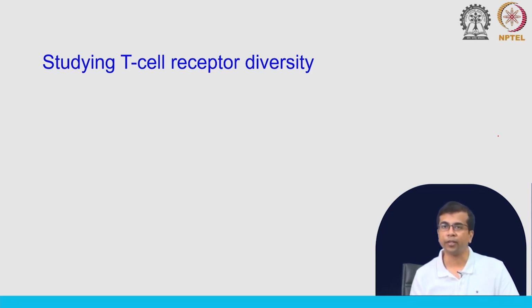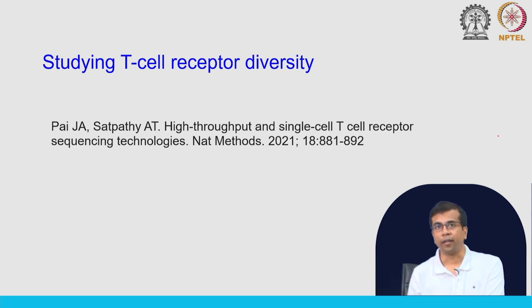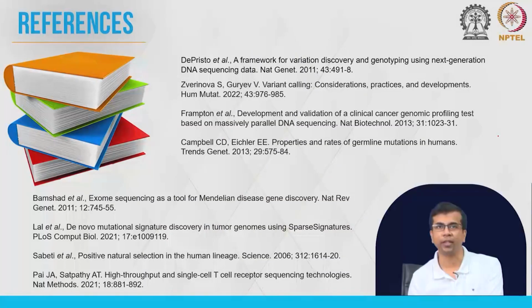So, with next generation sequencing and combining with variant calling, you can study this T cell receptor diversity in great detail. Here is again a reference for you to read, which talks about T cell receptor sequencing technologies and trying to quantify this diversity.